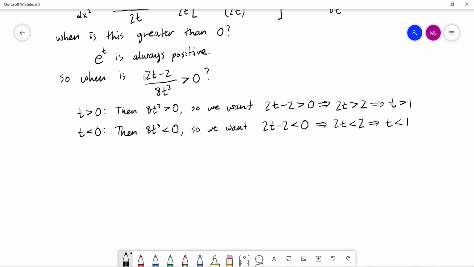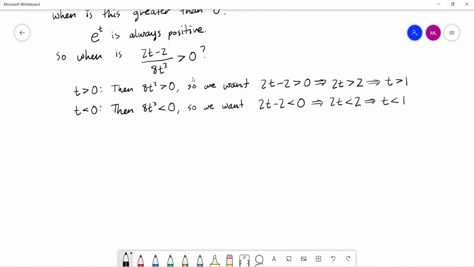If I plug in negative 1 on the top, I'll get 2 times negative 1, which is negative 2, minus 2 is negative 4. So I'll have a negative on the top. And on the bottom, I'll have negative 1 cubed, which gives negative 1 times this 8, which is negative 8. So I'll have negative 4 over negative 8, that ratio, a negative over a negative, will indeed be positive.